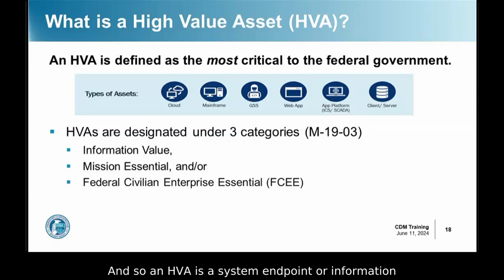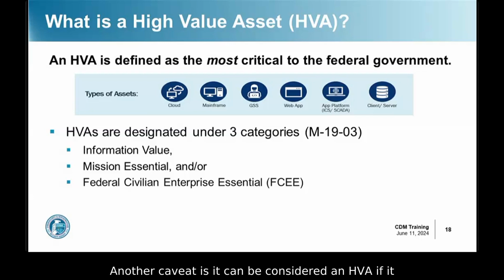And so, an HVA is a system, endpoint, or information that is critical to mission operations. A system or endpoint is considered an HVA if the loss or corruption of information or an information system, or loss of access, would have serious impact to the organization or national security.